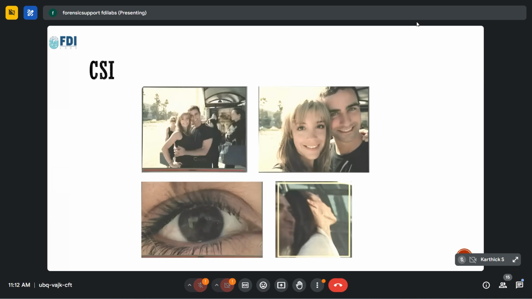These types of fantasy series give a good idea of how digital forensics is portrayed in cinemas and in mainstream movies.